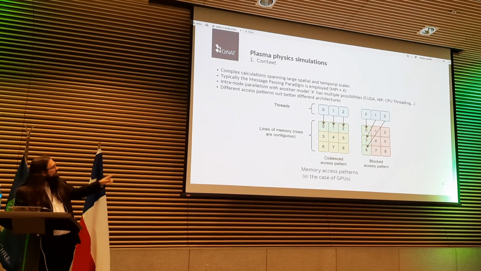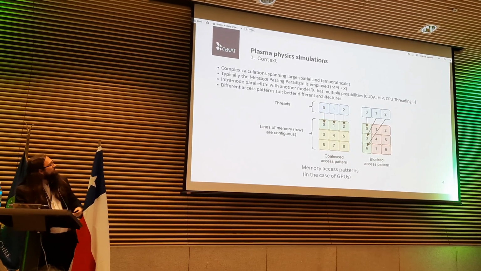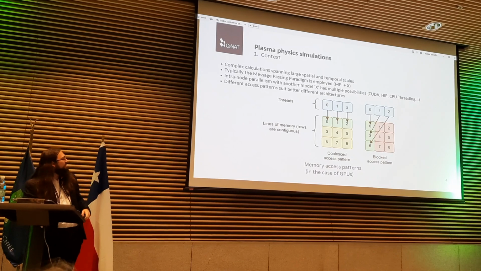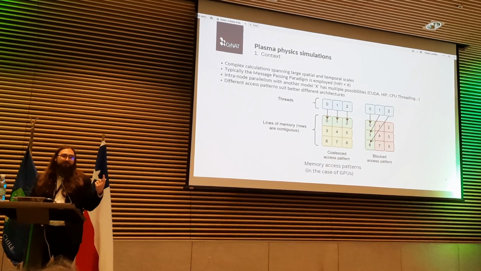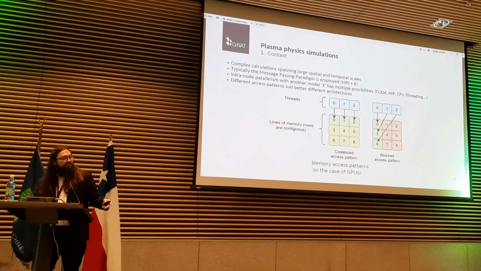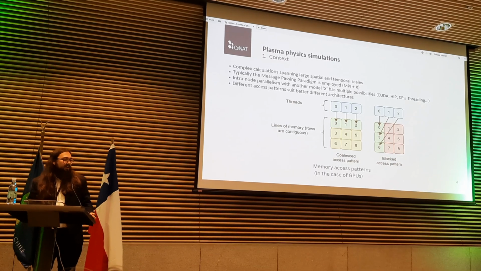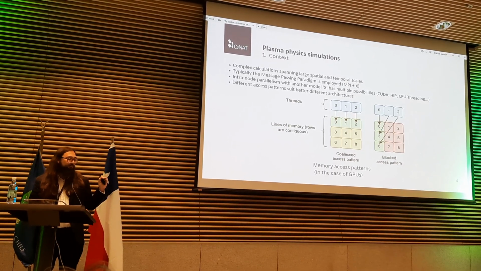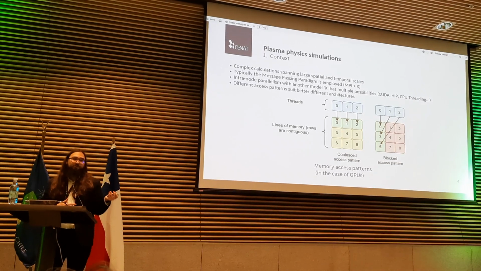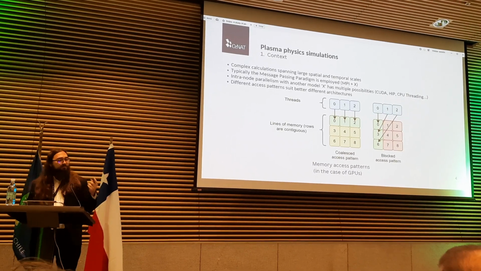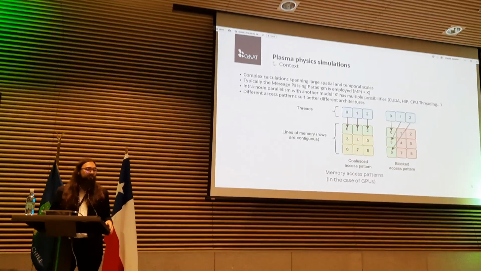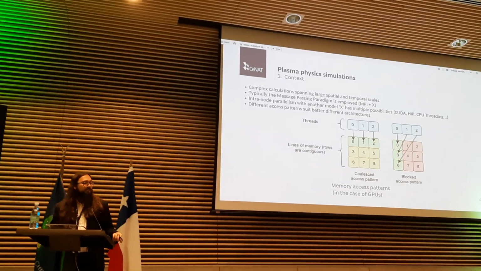So if we use a coalesced access pattern, where each thread would access some portion of these lines, we would only need one load operation. Whereas if we use the blocked access pattern on the right hand side, where each thread accesses a different line of memory, we will need one load operation for each of these lines. So this is computationally expensive, and this decision can have a big impact on the performance of our applications.